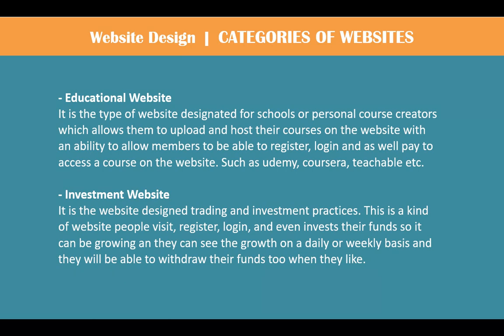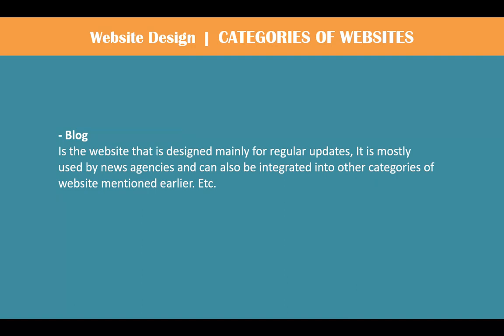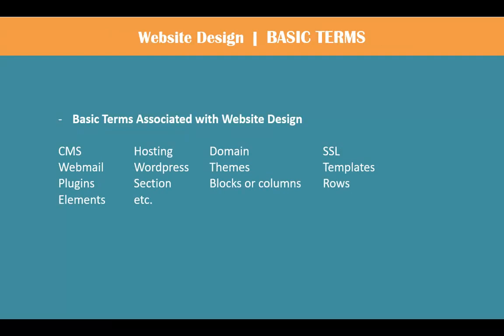That is, you register with this kind of website, put your money into the website, and keep track of the growth of your investment. Blog is a website that is designed mainly for regular updates, and it is used by news agencies and also can be integrated into other categories of websites mentioned earlier.